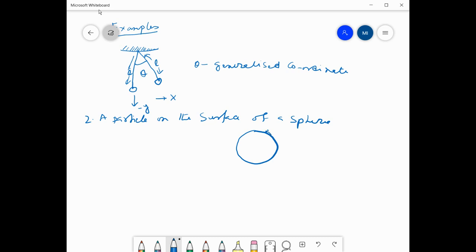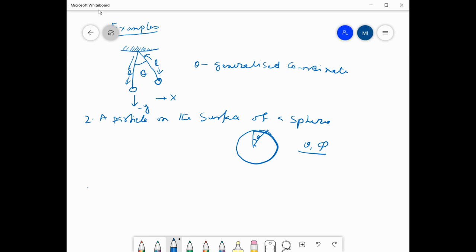It is moving this way, or it can move this way. This is the center. So what will be the generalized coordinate? Because the distance r is fixed, it cannot be a generalized coordinate. So the generalized coordinates will be, suppose you fix a direction, this is theta, and the other angle, that means you can go this side or that side. So theta and phi will be the generalized coordinates, right?